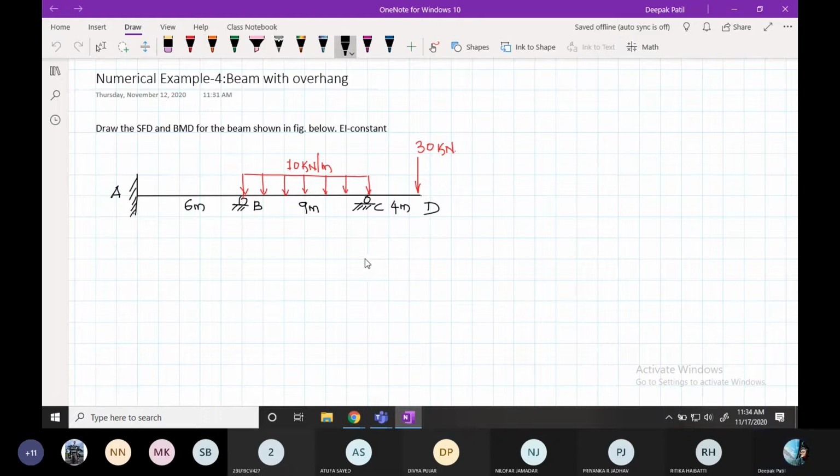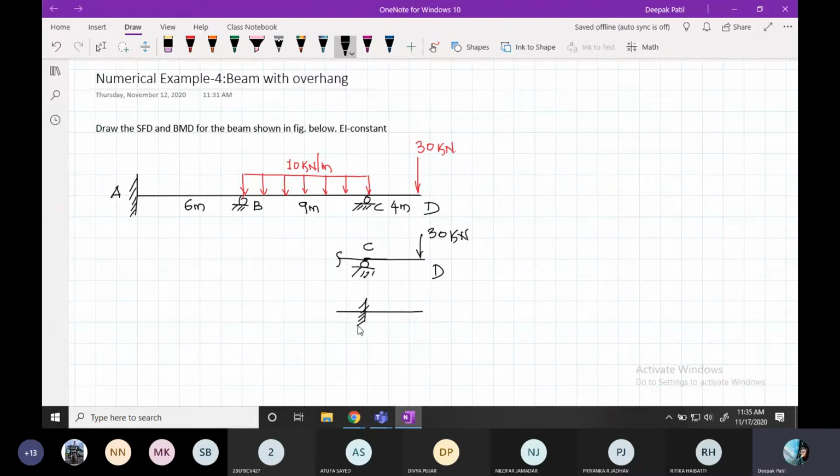See here, I will draw this overhang again here. So this side it is continuous. So I have a roller support here, and I have a 30 kilonewton load which is acting here, at point D. So this is your support C, and this is the point D. So what we usually do is, in case of overhangs, we try to just fix this.